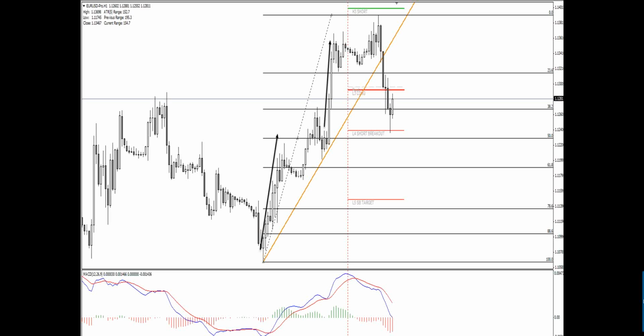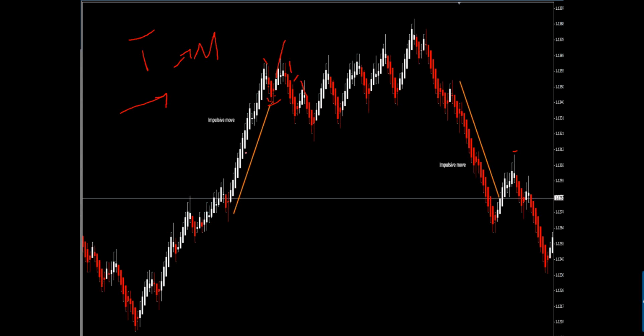Euro dollar, I can say, has a correction at the moment, but from this point, 110.65, it had a great impulse move towards this point, then there was a correction, then there was another impulse move. But in contrast to Heiken Ashi candlesticks, you can see here that it's much easier to read this chart than this chart.